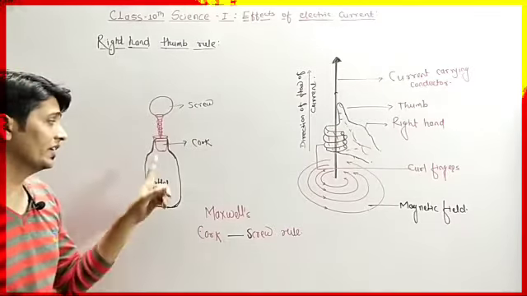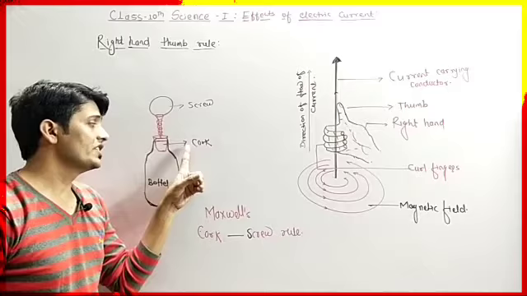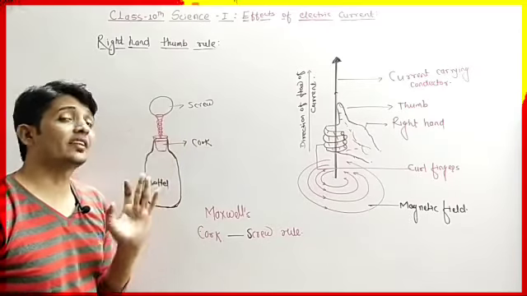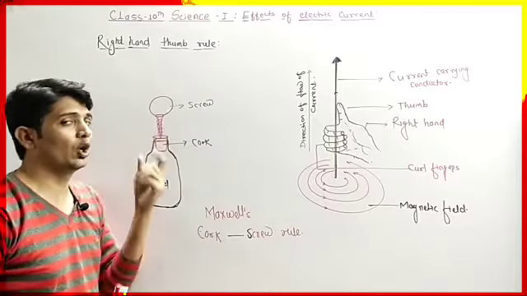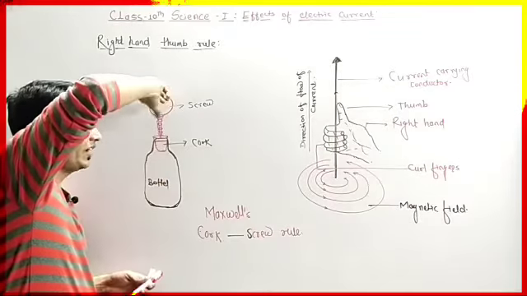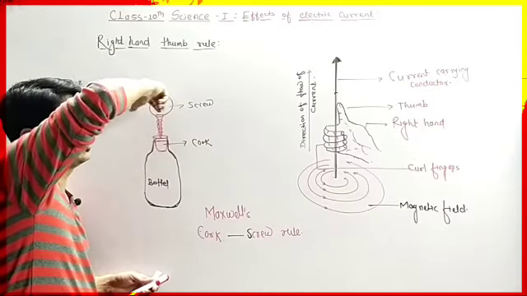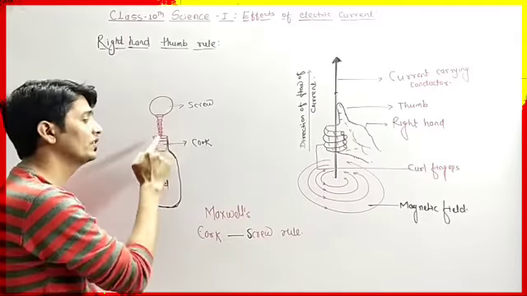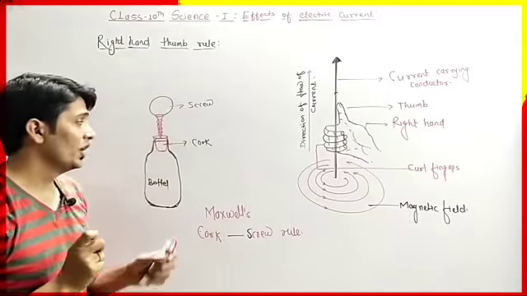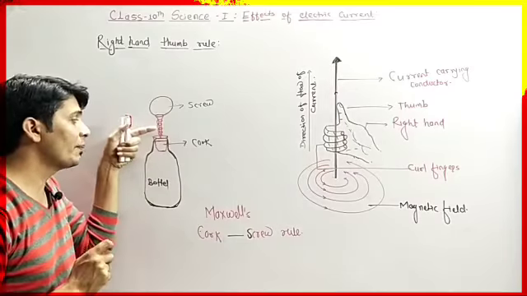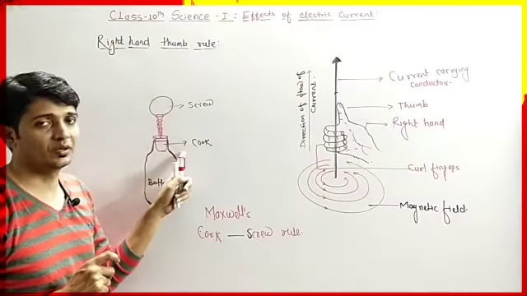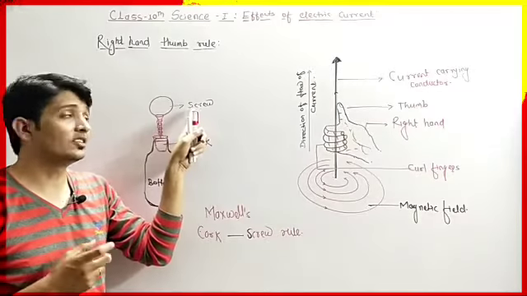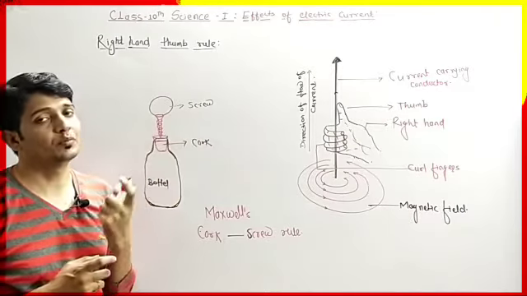The cork is packed in a bottle, and the opener, which is like a screw, is used to remove the cork. We move the screw over the cork with pressure, so the rings penetrate inside the cork, and when we pull the screw, the cork gets pulled out.